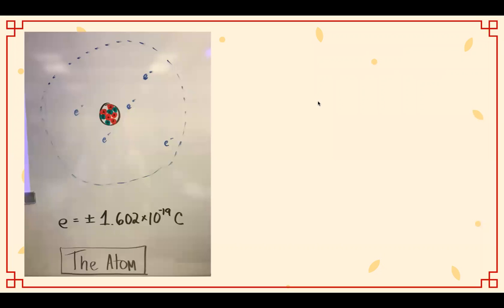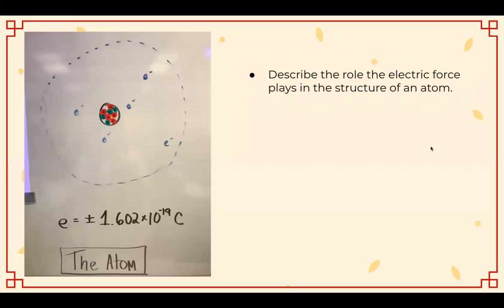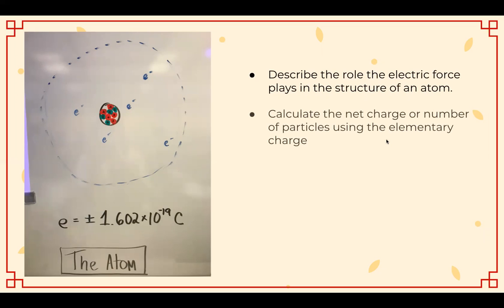All right, so let's talk content for a sec. You need to know the parts of an atom. You need to know that an atom is held together by electric forces. So the electron orbits the proton because it's a negative charge orbiting a positive. You need to know how to use that elementary charge to calculate net force.